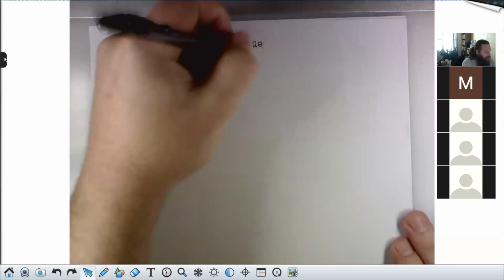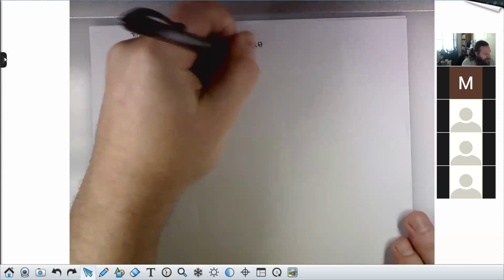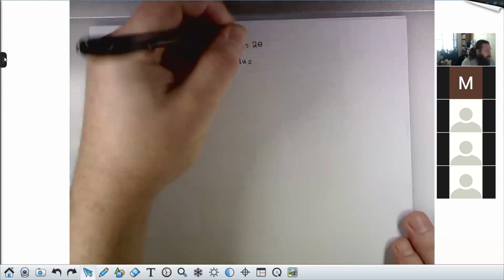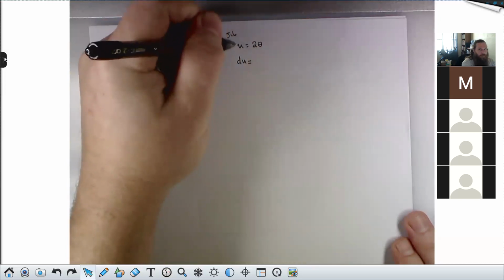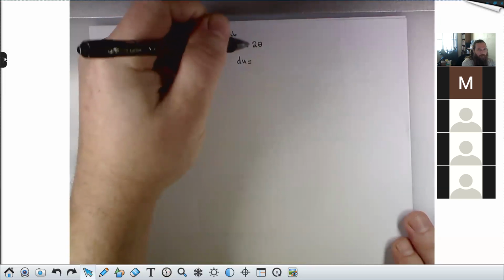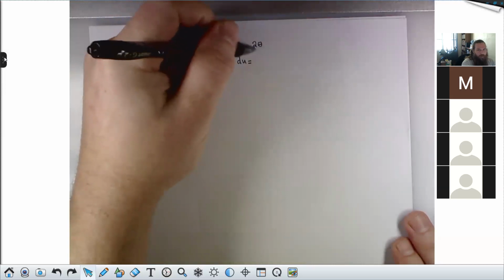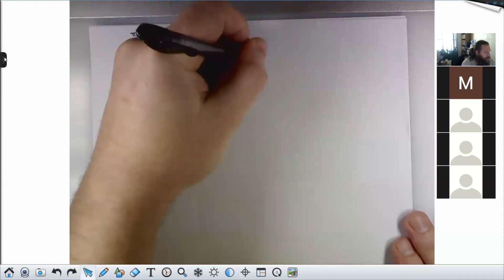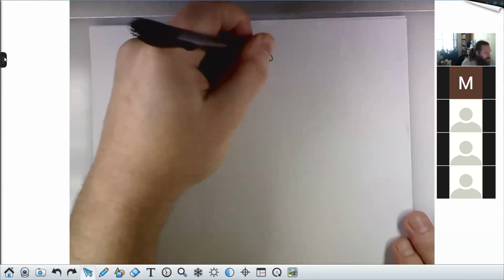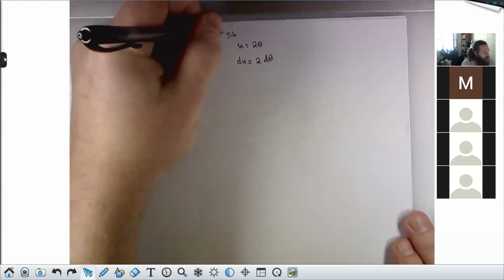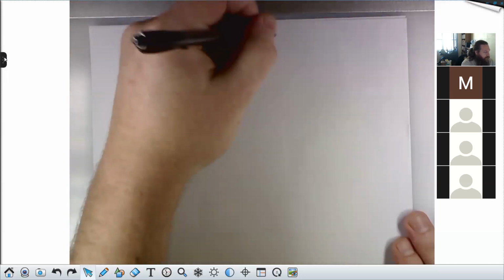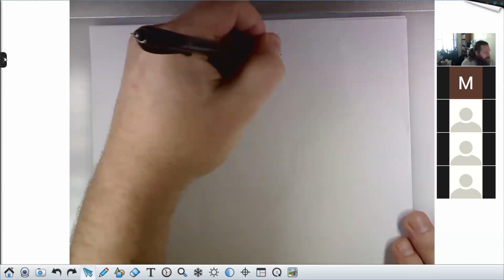This time du is not just d theta. If you differentiate on both sides here, you get u prime or du on the left. On the right-hand side, the derivative of 2 theta, just like 2x, is 2. So du is 2 d theta. And that's that doubling I mentioned.